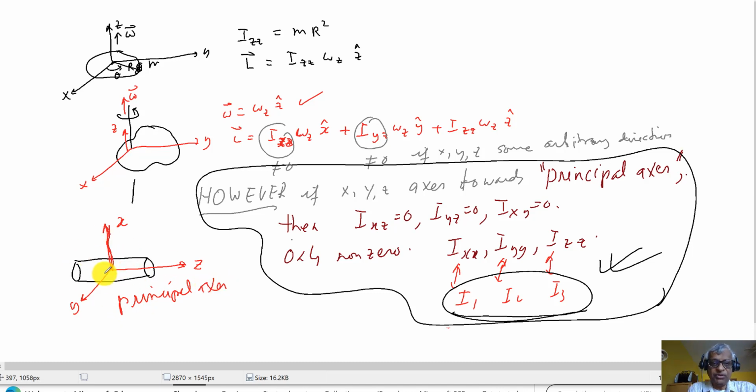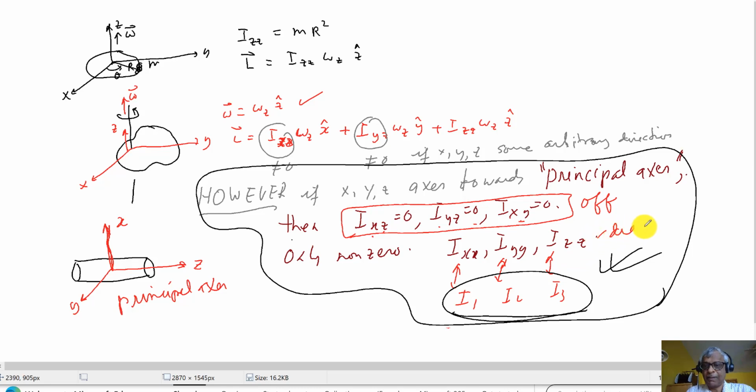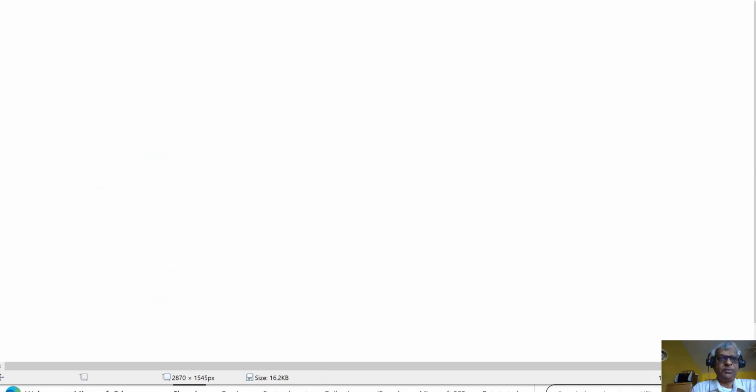So by symmetry, you can tell which directions will be such that the off diagonal moments of inertia vanish. So these are off diagonal, these are diagonals, and this will be off diagonal. So which one will be zero, which will be non-zero?